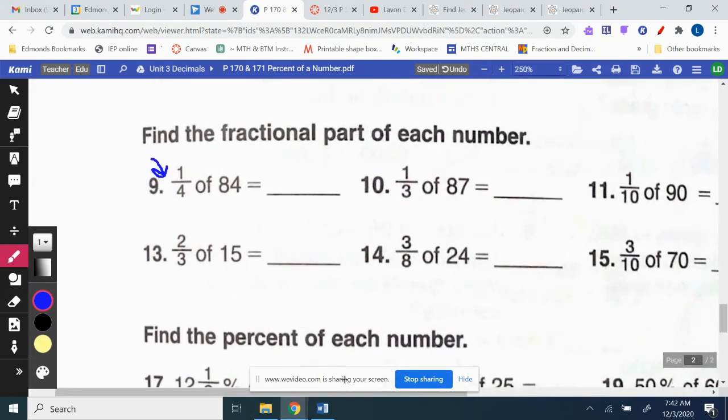So 1 divided by 4 of means times 84. So I can easily put that into my calculator. 1 divided by 4 times 84 equals, I didn't do that right, it gave me a negative number. 1 divided by 4 times 84 equals 21.